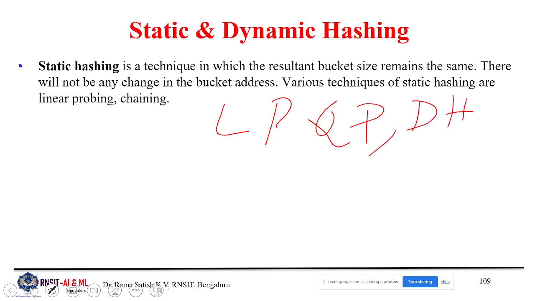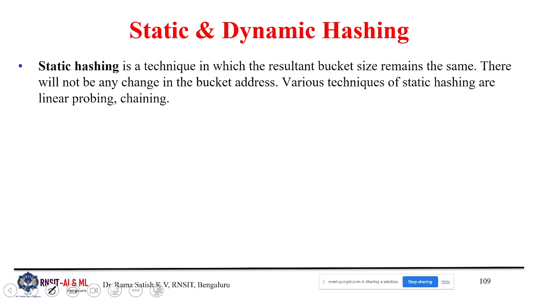These all have a fixed size. Bucket size is nothing but the hash table size. So they are called static hashing.